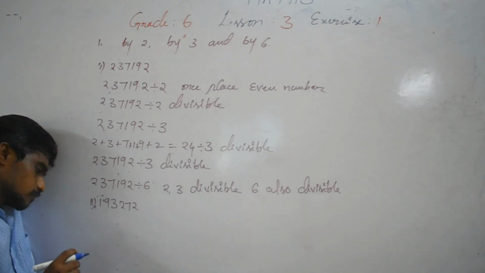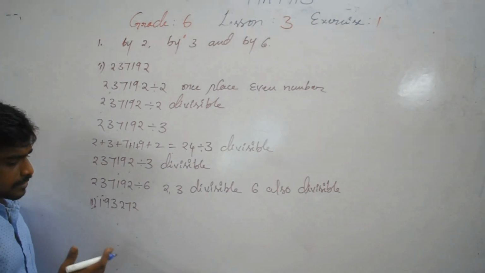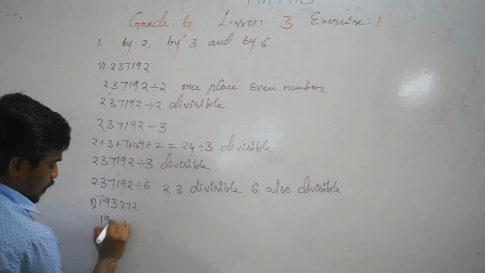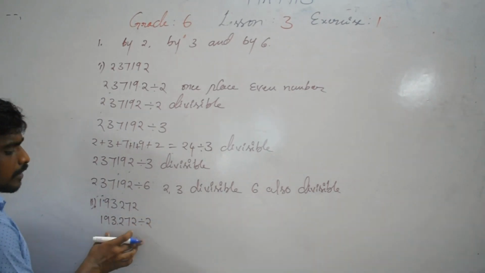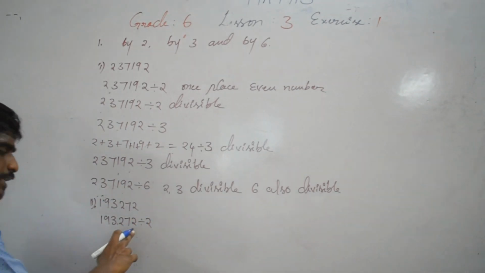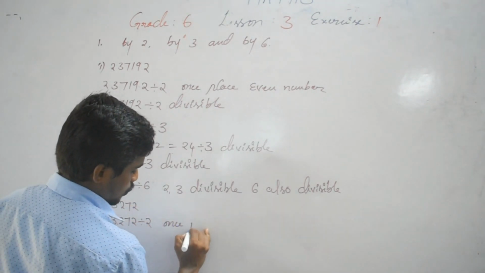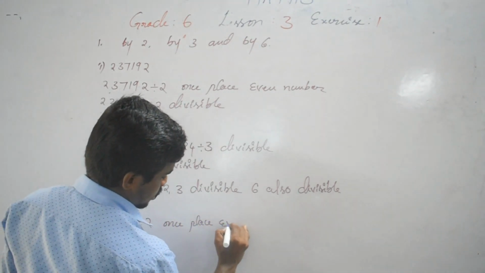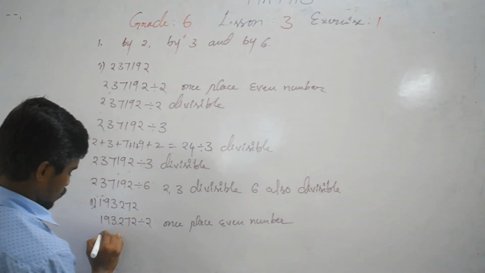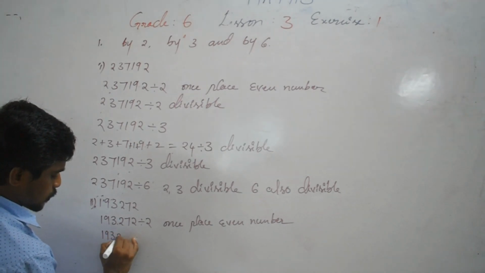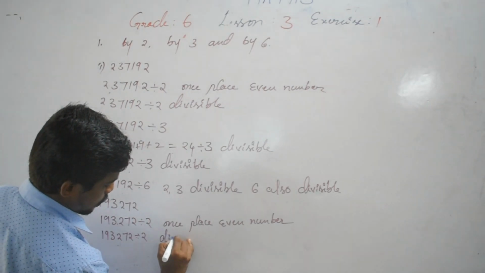1,93,272. For this number, check the 2 divisibility rule, 3 check and 6 check. 1,93,272 divided by 2: divisible or not? In the ones place is an even number, so divisible.